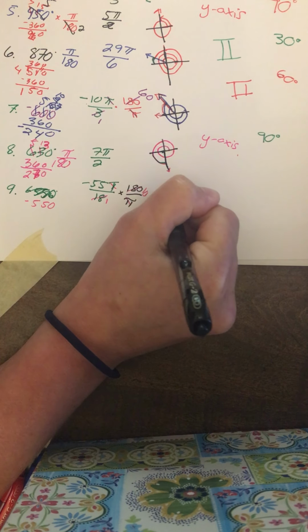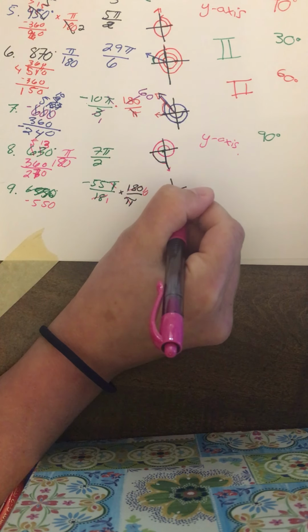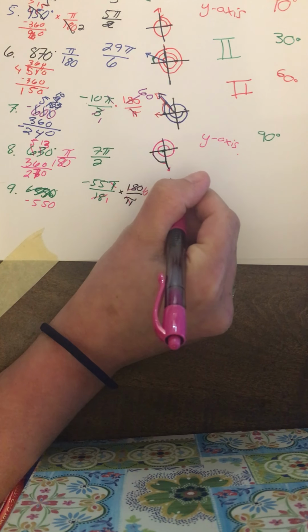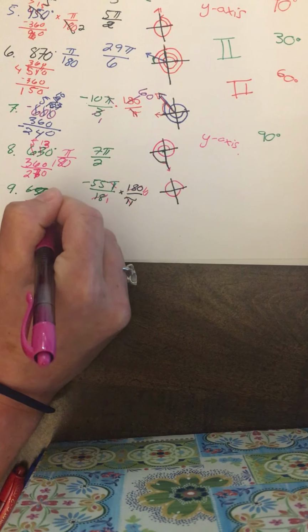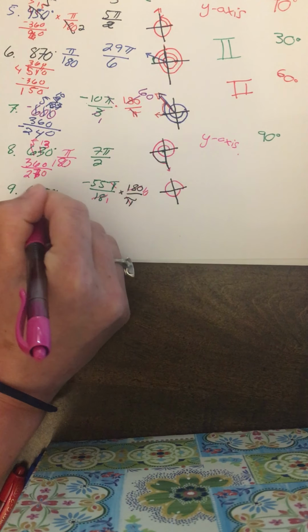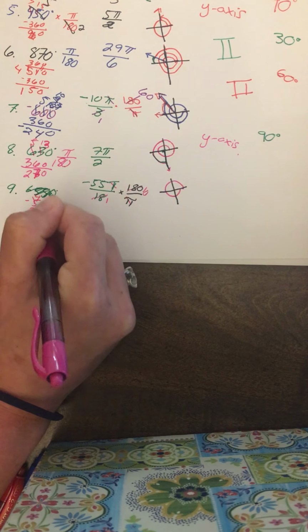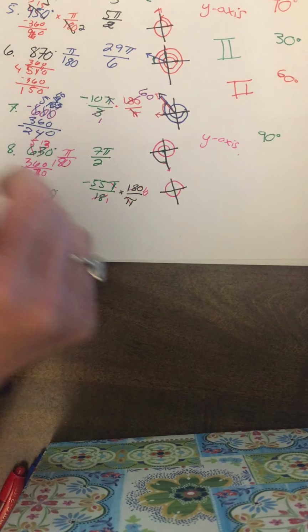So again, we're rotating clockwise, so that would be 90, 180, 270, a full 360. So we still have another 190 degrees to go.